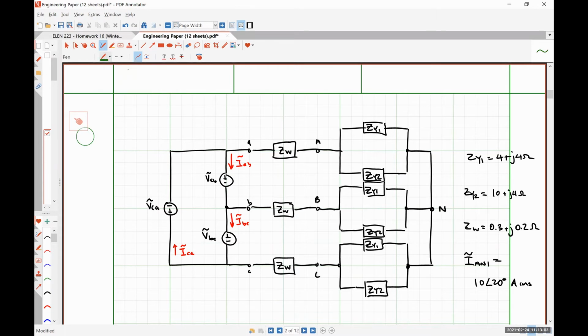In order to get those delta currents, we are going to need our line currents, IAA, IBB, and ICC. And to get those line currents, we have to determine our phase currents through our load.